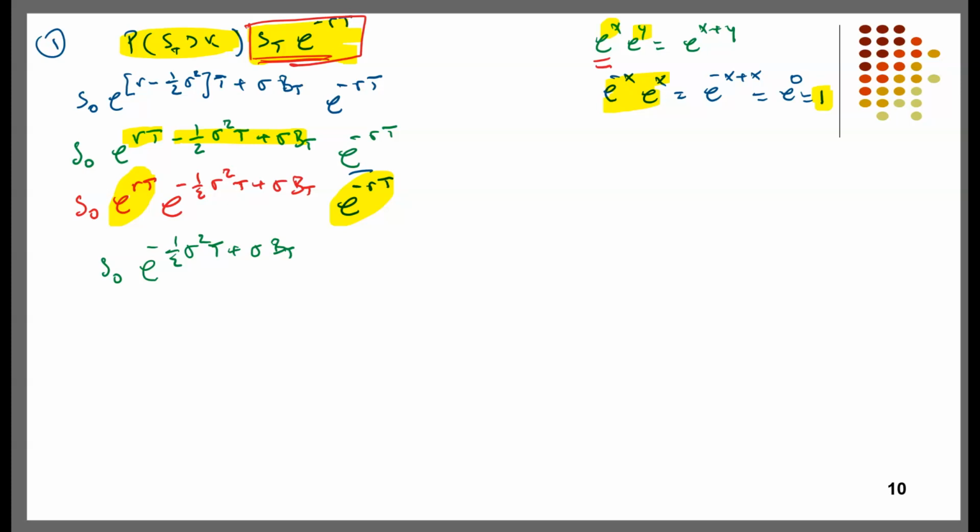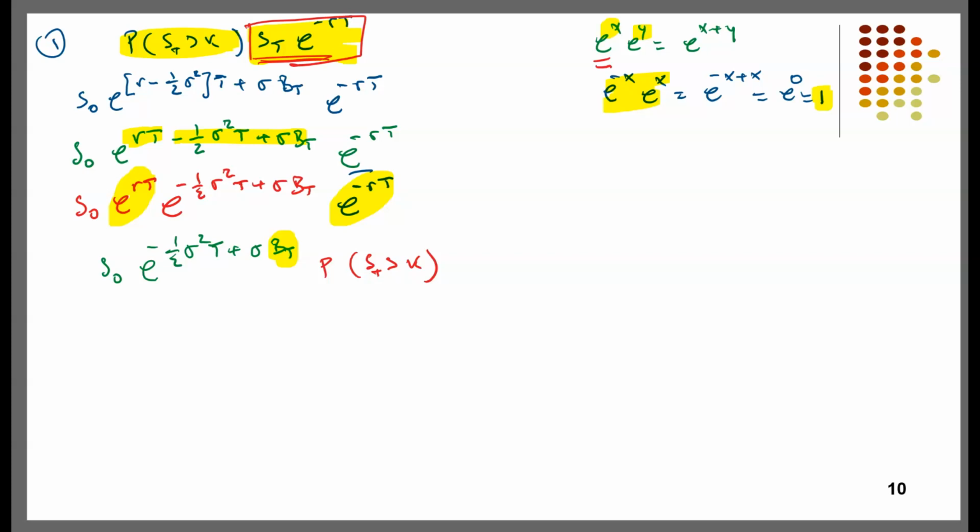The problem with this though, and if we add a probability, we would multiply this by the probability that the stock price is in the money. That's ST greater than K. That's the probability that the stock price is in the money. That's N(d2). That's essentially what we would have. The problem with this, and the reason we are not going to use N(d2) directly here, is simply because we have this BT here that is still a random variable.